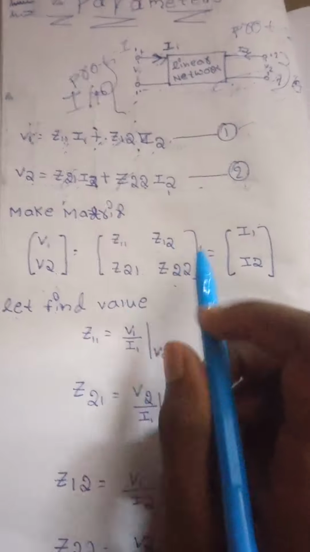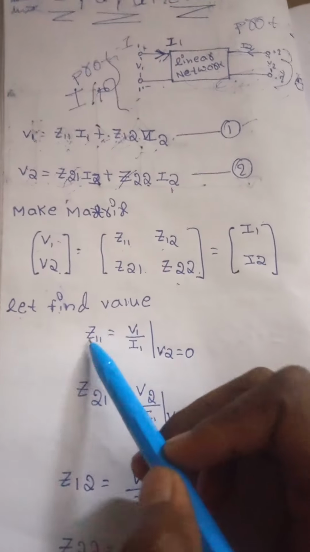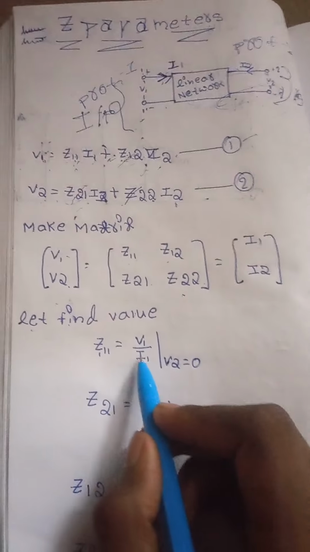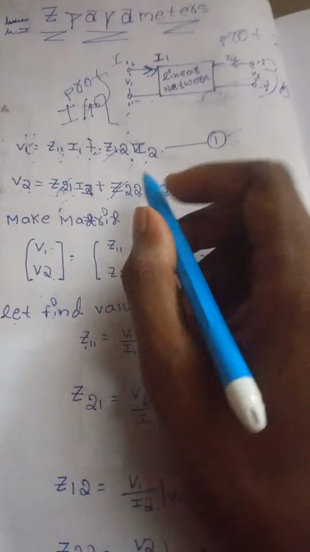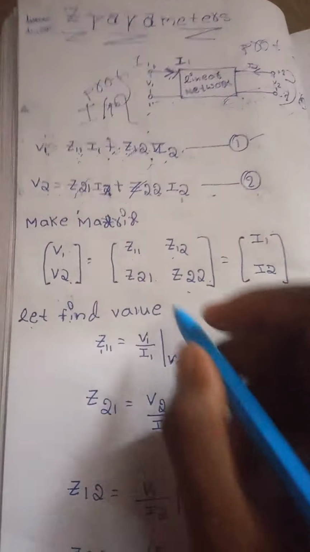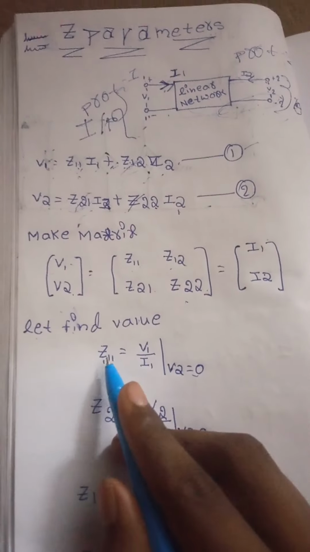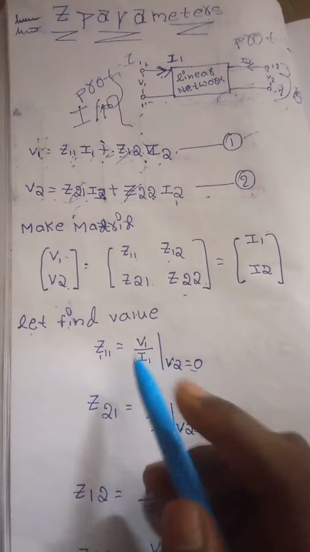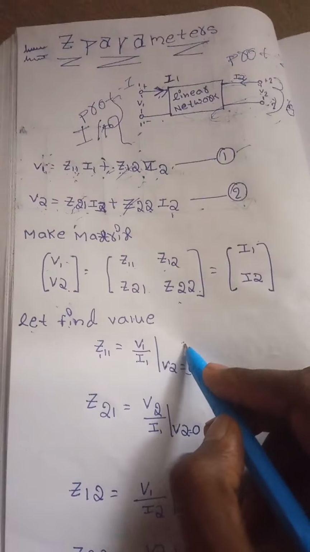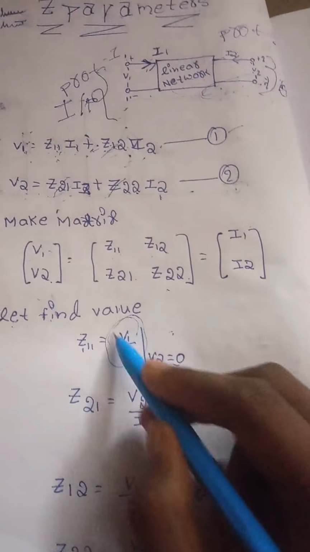When we discuss the value of Z11, we take the equation with V2 equal to 0. Then Z11 is equal to V1 by I1, with V2 equal to 0.